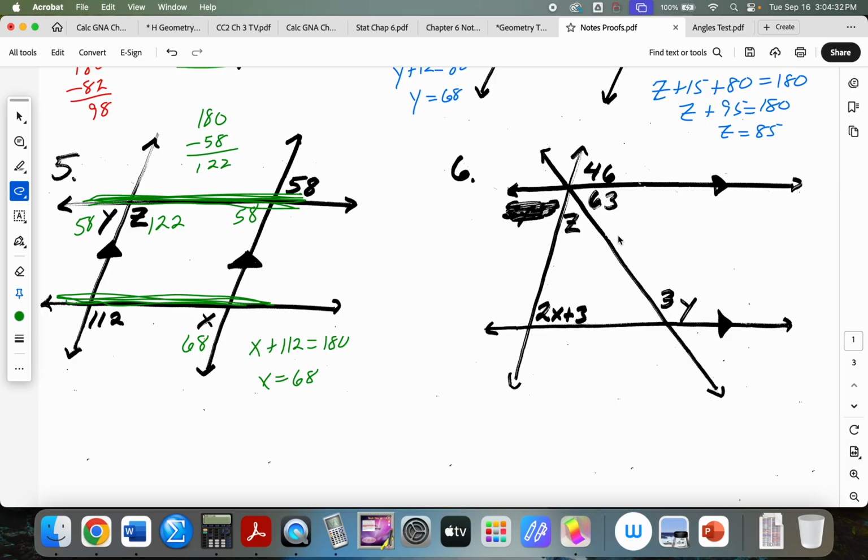All right, for this next one, there's a whole bunch of stuff going on. If I'm looking at the 2x plus 3, the sides of the 2x plus 3 are this line and this line. Is one of those lines parallel to something? Yes.